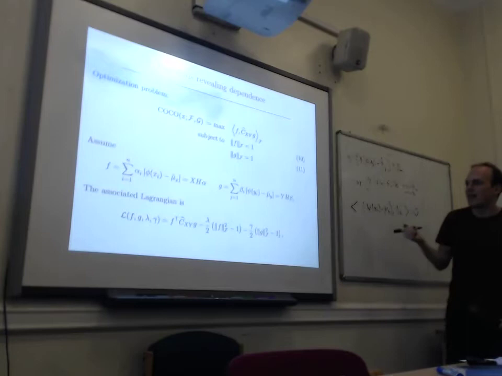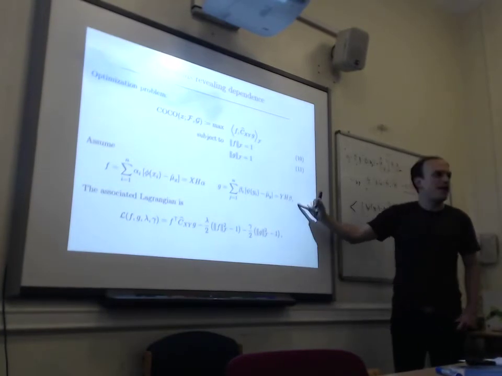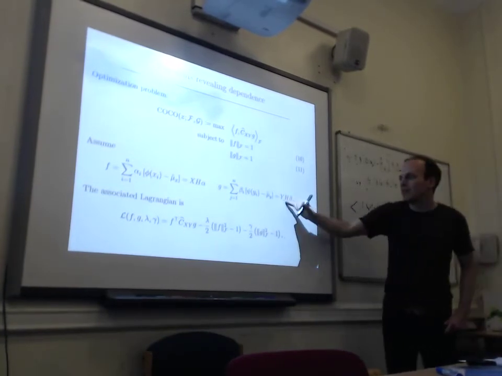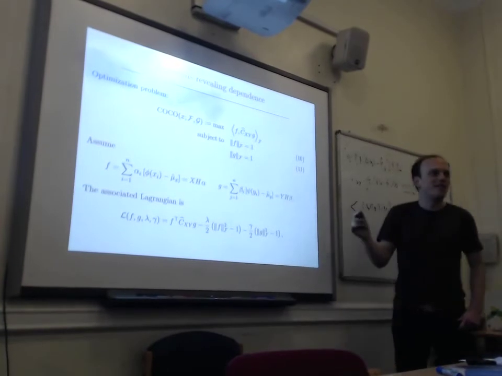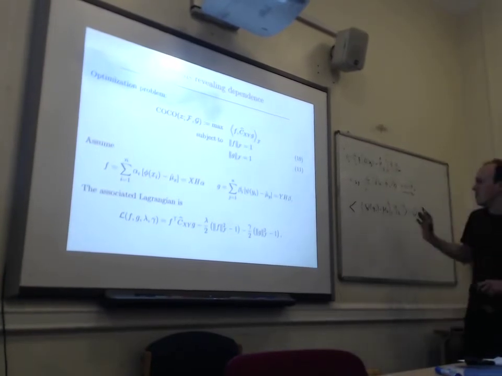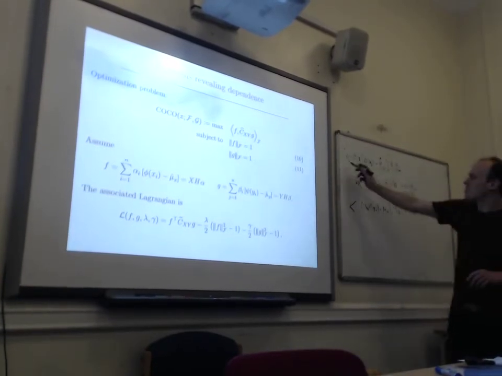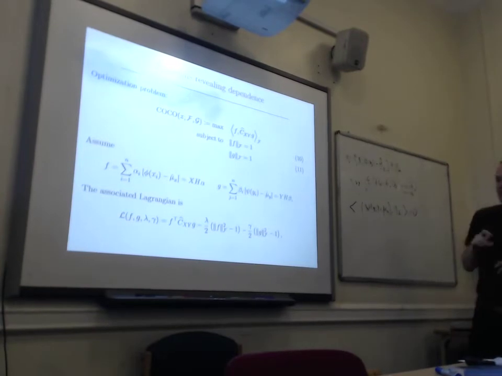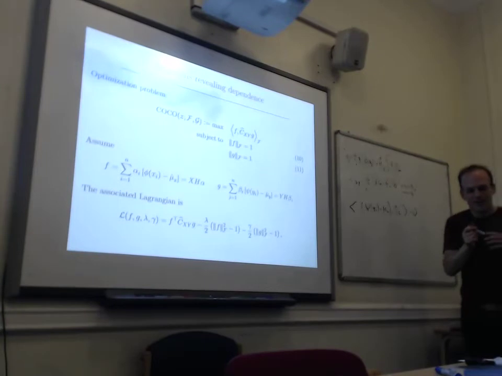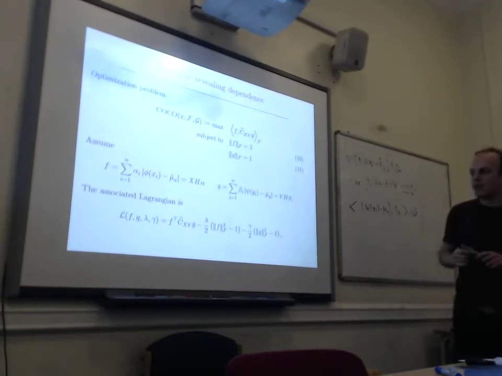There's no point in including anything else which isn't in the span of these centered y's. So this is why I am sure that my g function has to be a linear combination of the centered columns.